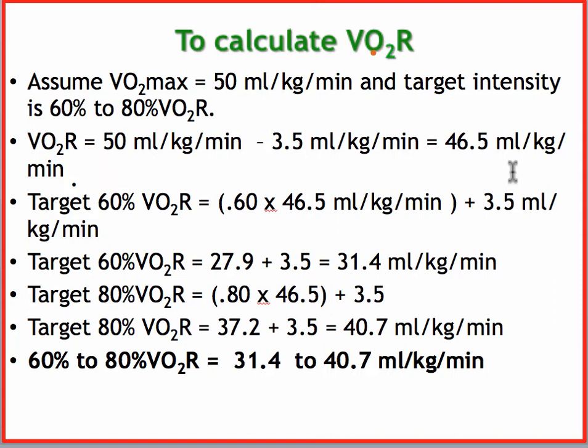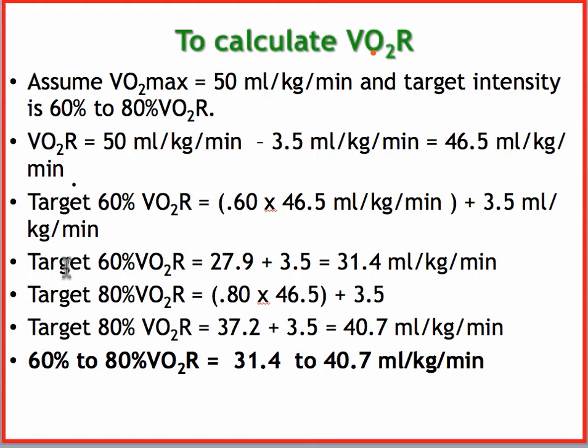That will give you 31.4 mils per kilogram per minute, which is the oxygen intensity that you want someone to exercise at. So it's a little less than 10 METs. 3.5 mils per kilogram per minute times 10 is about 35 mils per kilogram per minute.